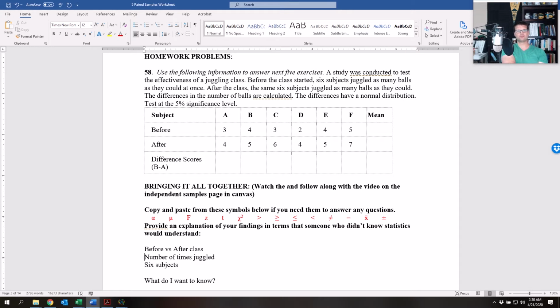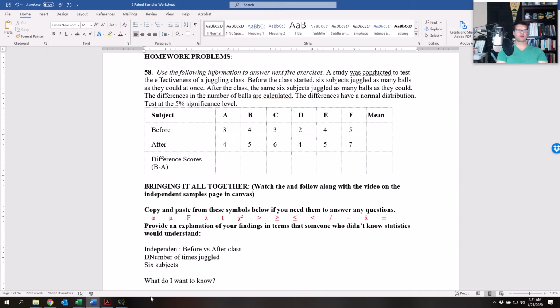Okay, well, I'll tell you right now, the independent variable is before and after class. Before and after class is impacting what? Is it impacting the 6 subjects or is it impacting the number of times juggled? And it is impacting the number of times the balls are juggled.